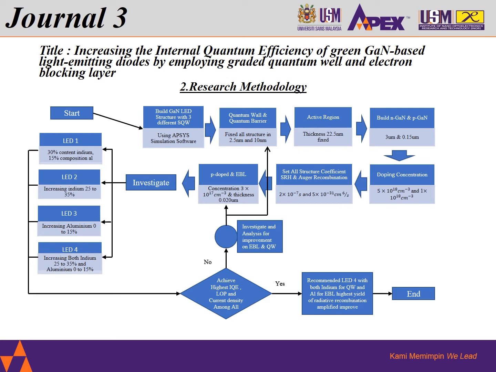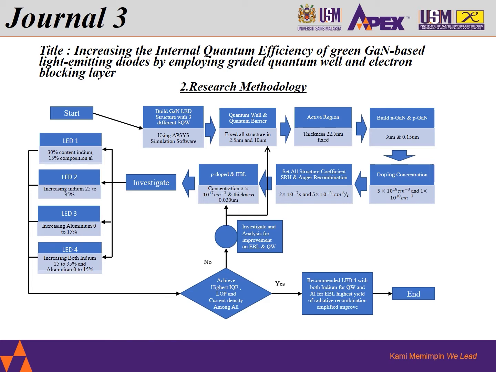First, we will build the quantum well and the quantum barrier, fixed in our structure at 2.5 nanometer and 10 nanometer. Next we will move to the active region, where we set the thickness to 22.5 nanometer. Then next we will build an N-GaN and P-GaN with thicknesses of 3 micrometer and 0.15 micrometer.